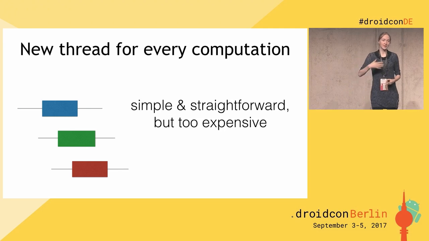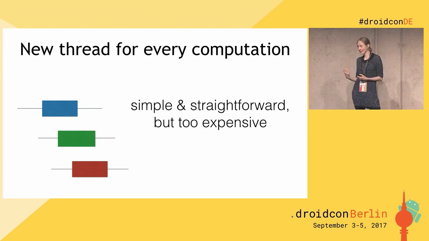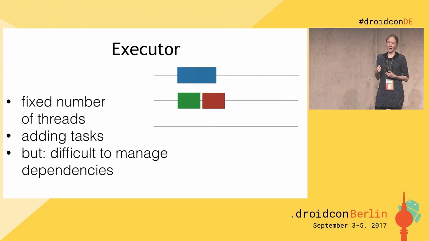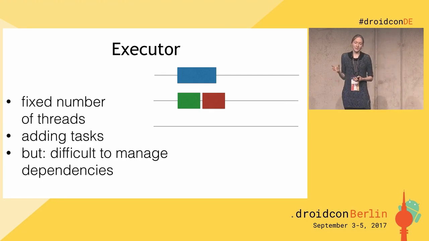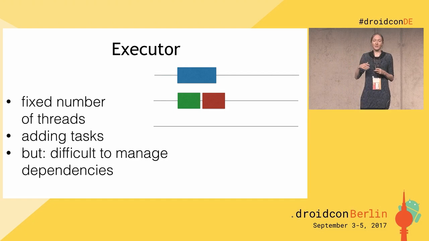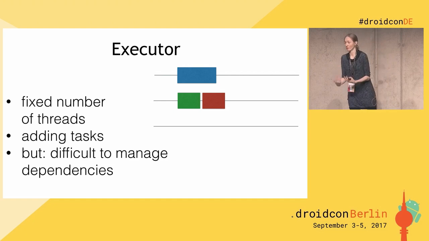Threads are expensive and you just cannot create a thread all the time. So in general, we as developers would like to reuse threads. And an executor helps us here. An executor represents a construction of a fixed number of threads where we can add our computations. And in this case, threads will be reused.